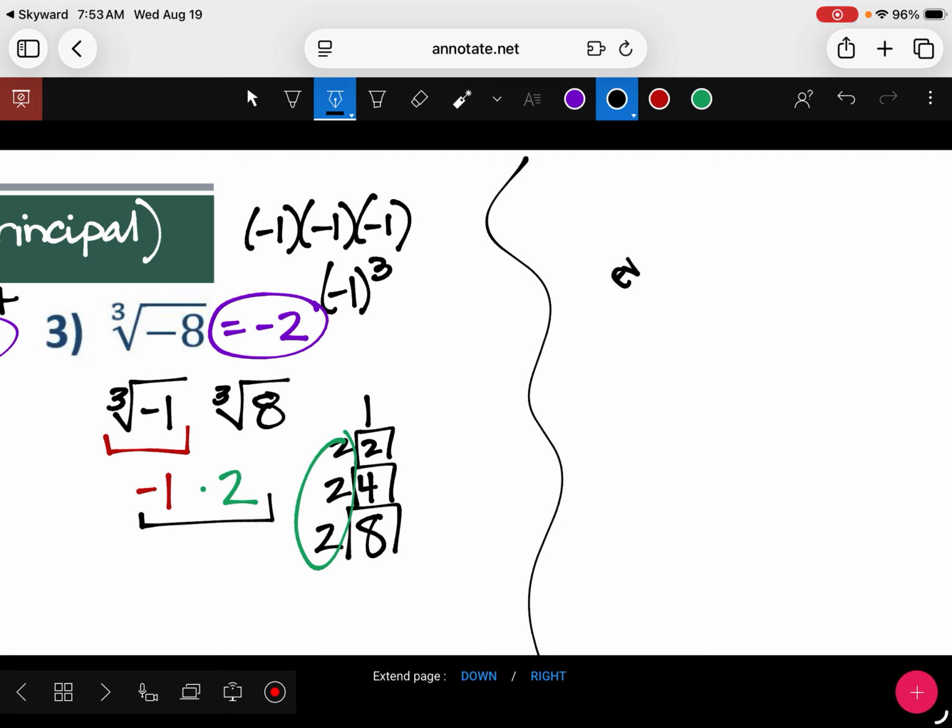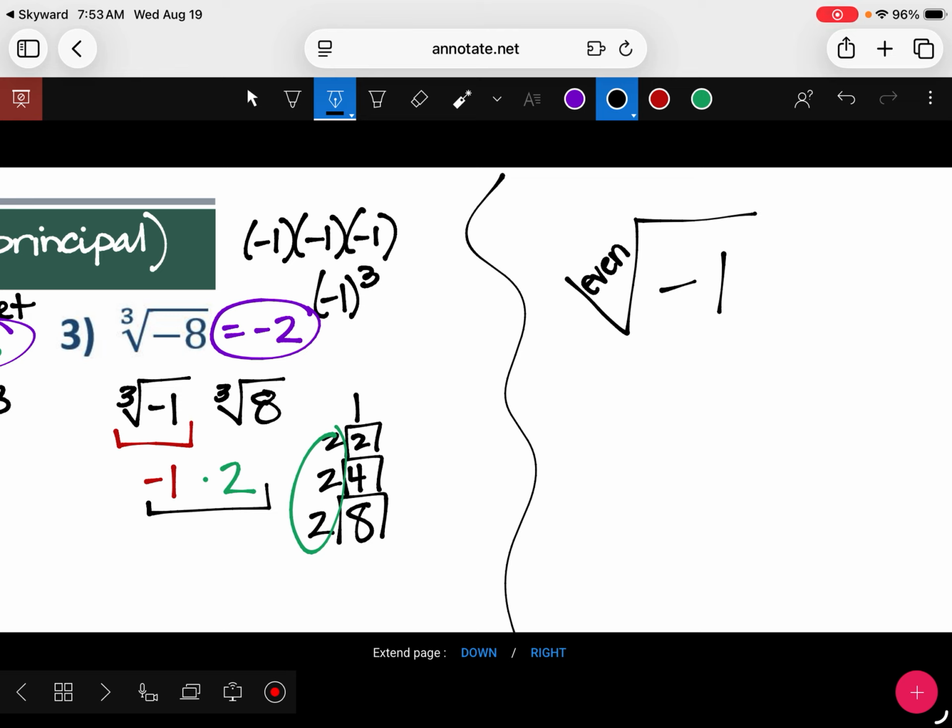So if there is an even number in the elbow, I'm going to make a big old exaggerated radical, and it's a -1, the -1 has to stay. So if there's an even number, a 2, a 4, a 6, a 8, or 10, then we cannot take it out. We're just going to leave it there. We're not going to do anything with it.